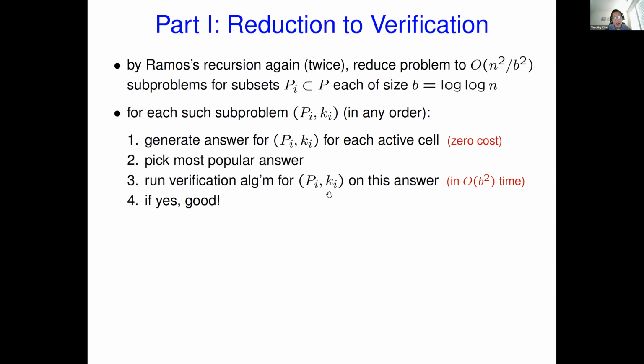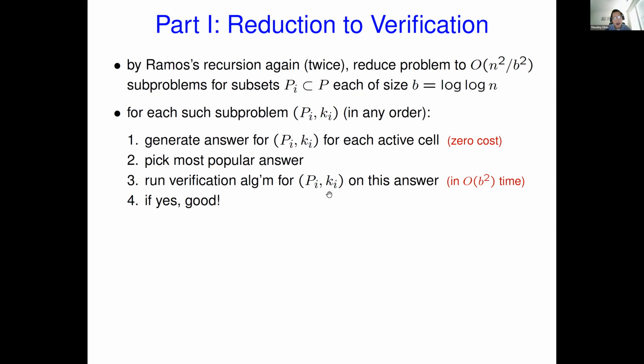Okay, so how many cells have we ruled out? Well, remember, as I said, an answer can be encoded in b squared log b bits. So there are poly b bits needed to represent an answer.